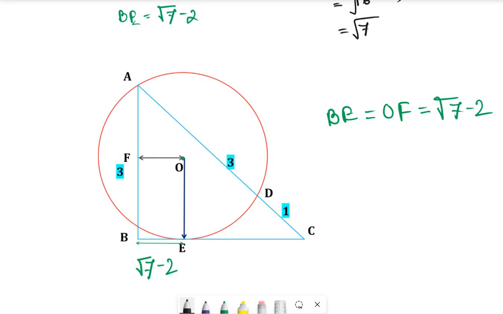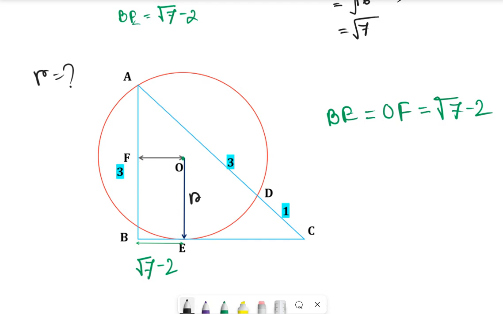And of course, the connected line from O to E is the radius of the circle, because O is the center of the circle and E touches the circumference at a point. Indeed, this is the radius of the circle. So this is what we have to determine, this is our actual main goal, right?